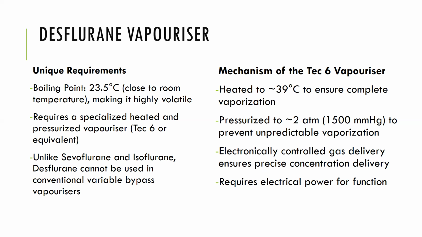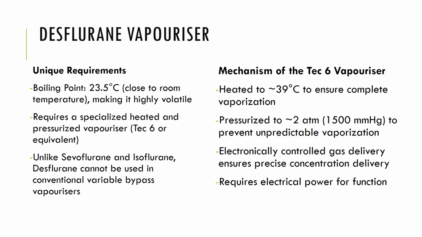So for the Tec 6 vaporizer, it's usually heated to 39 degrees Celsius to ensure complete vaporization, pressurized to about 1,500 millimeters of mercury to prevent unpredictable vaporization. It's electrically controlled to ensure precise concentration delivery.